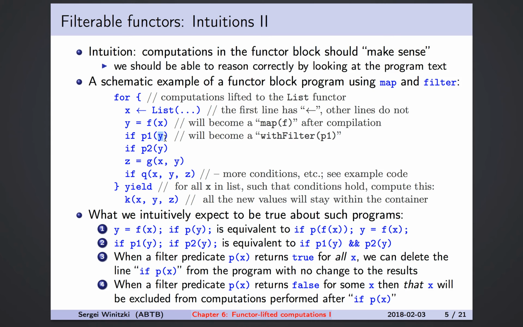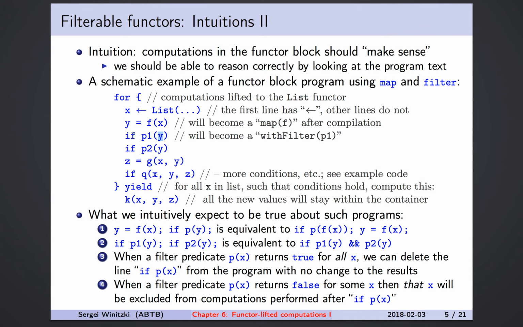It's the same condition. x goes over all elements in this list, then y is computed, and then we check some condition. We should be able to get the same result if we check this condition directly on f of x instead of y. And we should be able to do it first. So the order should not matter then.